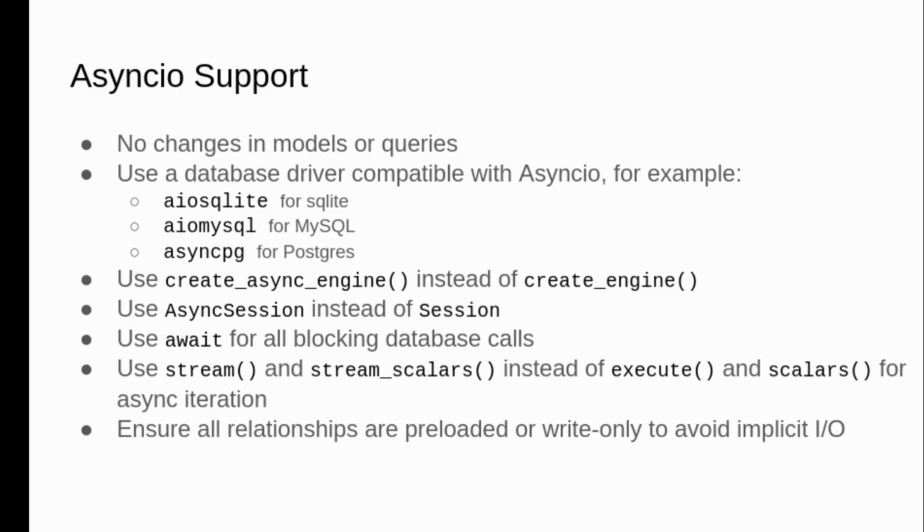SQLAlchemy has this thing where in many cases it preloads relationships automatically. Going back to the example of users and addresses, we say user.addresses. That implicitly triggers a query. It runs as part of that expression, and that brings the list.